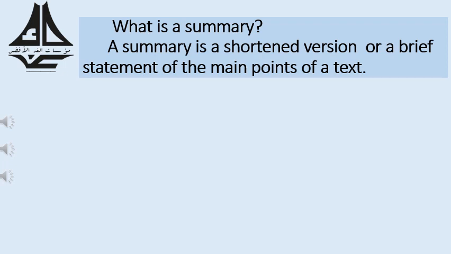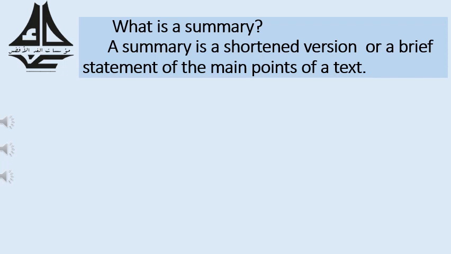We have also to use our own words. We have to be objective. What do we mean to be objective? We have to avoid mentioning our opinion or feelings. So we just stick to what is written.